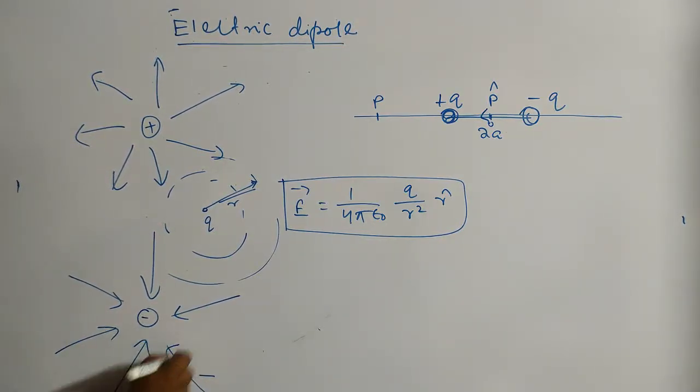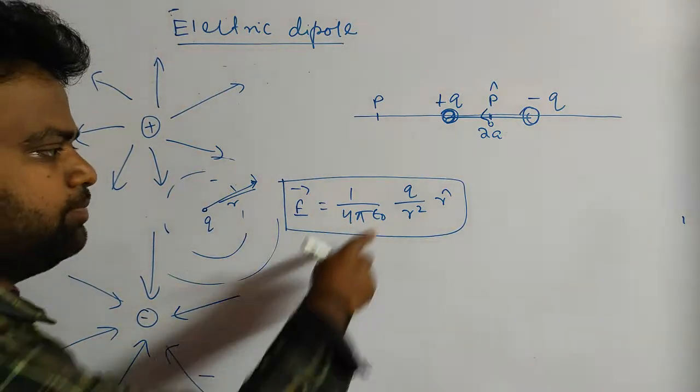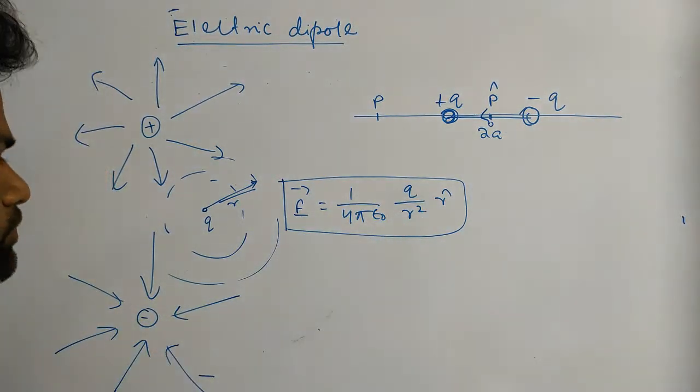These are the field lines, and mathematically your electric field is 1 upon 4 pi epsilon naught q upon r square r cap, that we know.